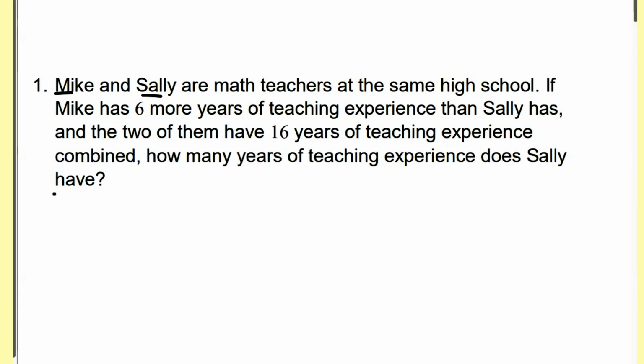So this is going to be M for Mike is equal to S for Sally plus 6. So Mike has 6 more years than Sally. This is our first equation, equation one.